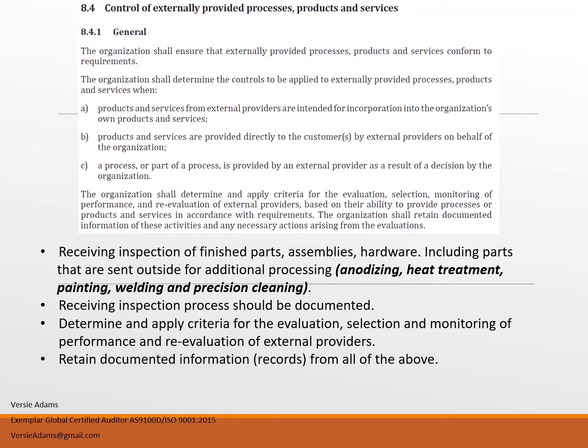And last but not least, you're going to retain documented information from all of the above. So the receiving inspection process documented, and the evaluation, selection, monitoring of performance, and reevaluating of external providers, all needs to be maintained as documented information, also referred to as records.